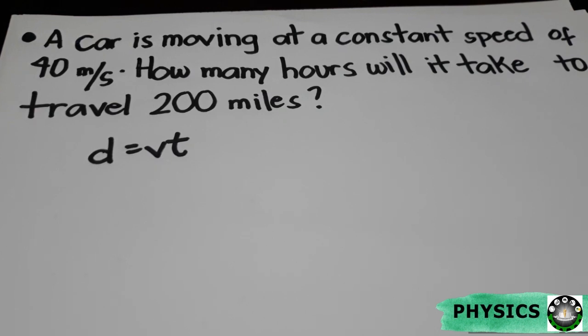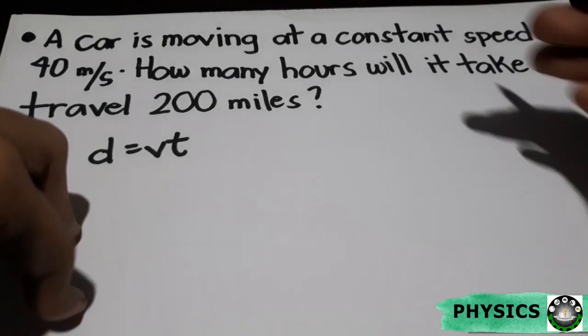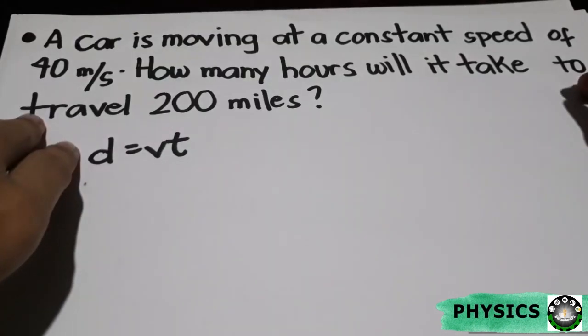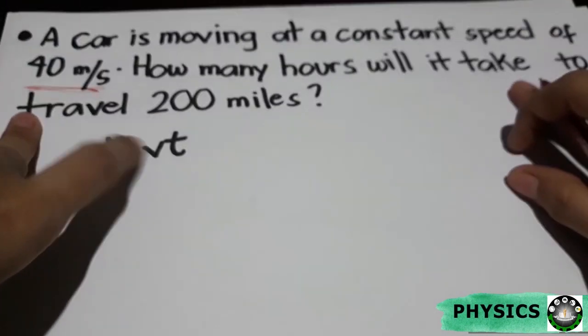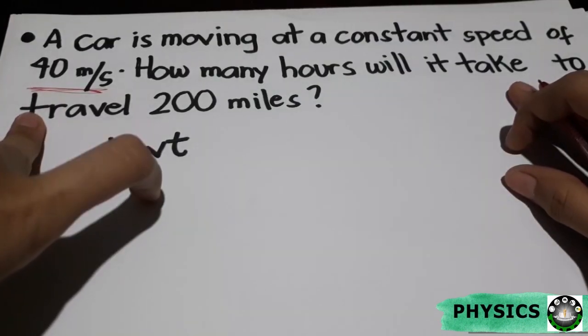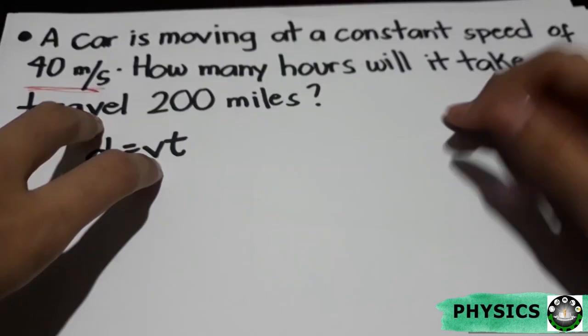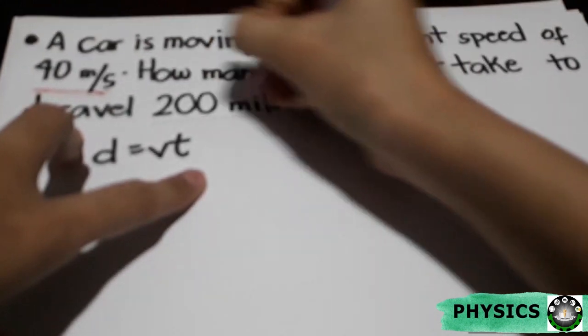How many hours will it take to travel 200 miles? So we need to take note that we have a speed of 40 meters per second. And the question is, how many hours will it take to travel 200 miles?